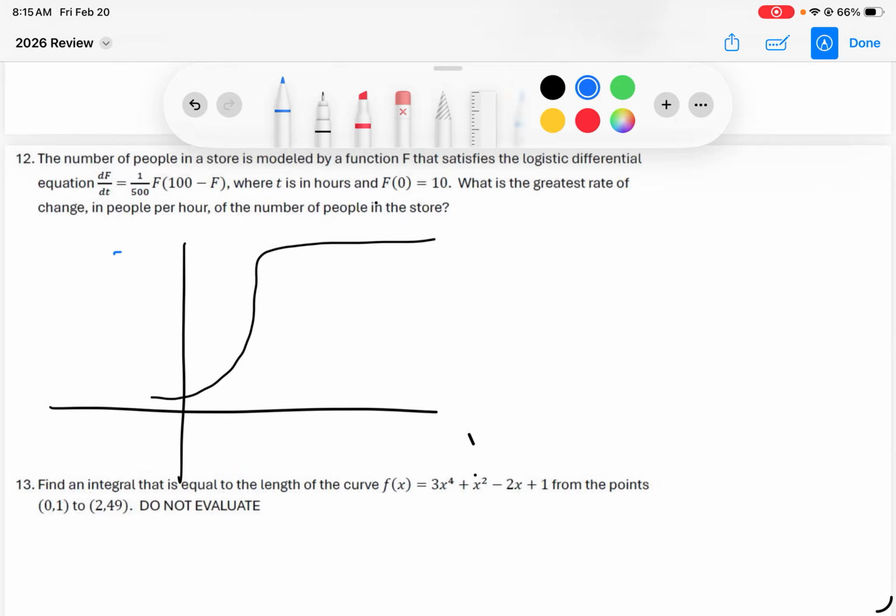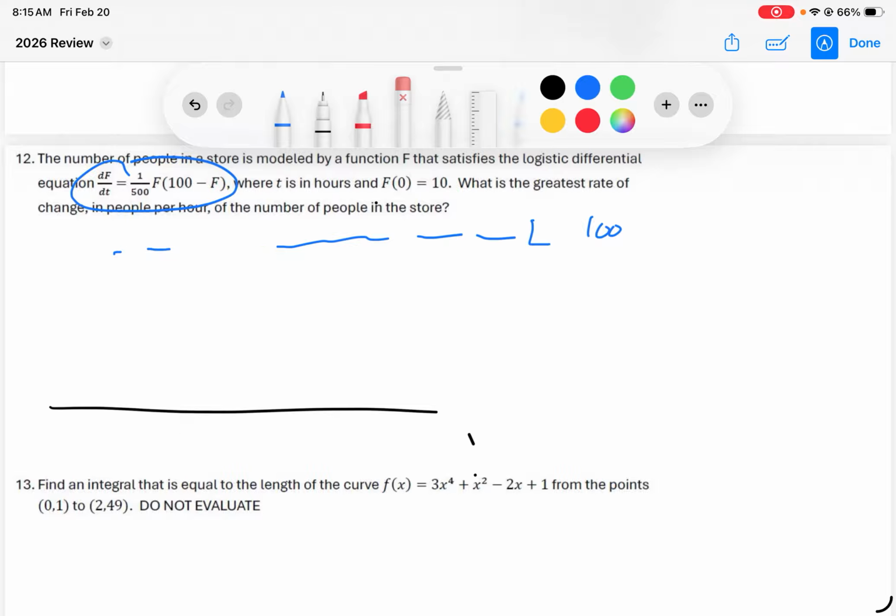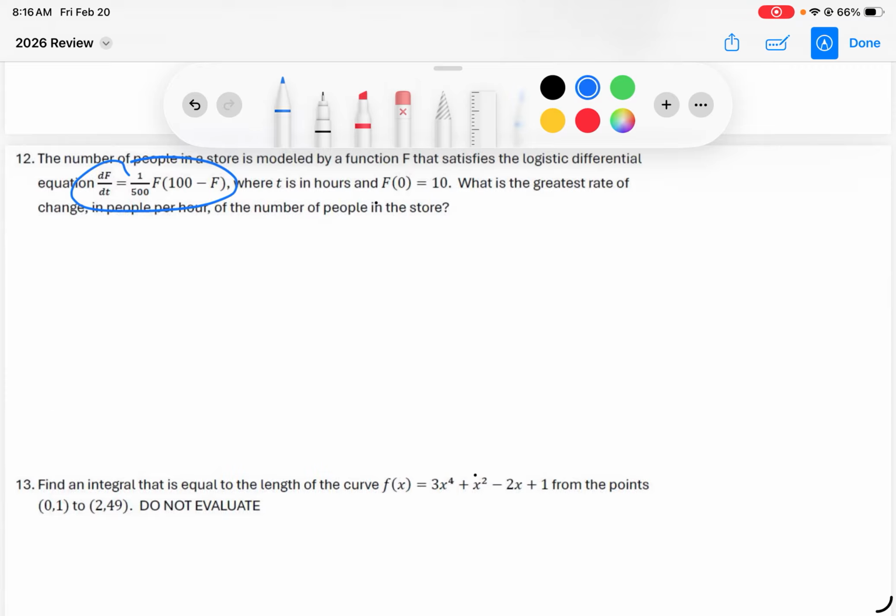There's a maximum carrying capacity that this population can hold. Whatever this limit is, halfway through, the growth rate is at the highest. So if this is 100, this is at 50, but it's when y is 50. The t numbers could be a little bit different. So this derivative gives you the slopes at those moments. That graph is from the general solution.